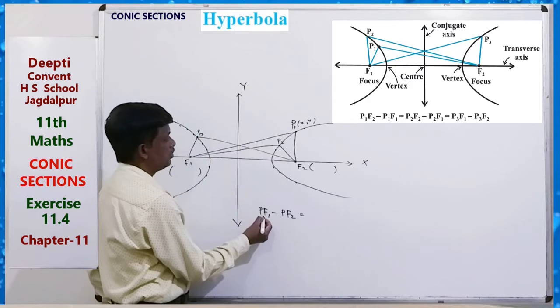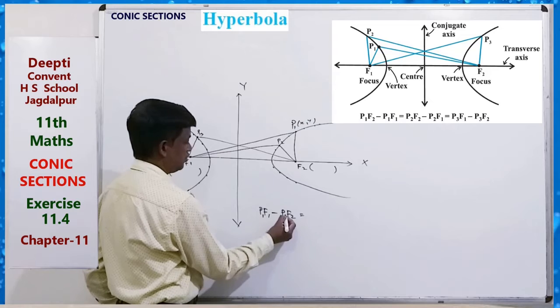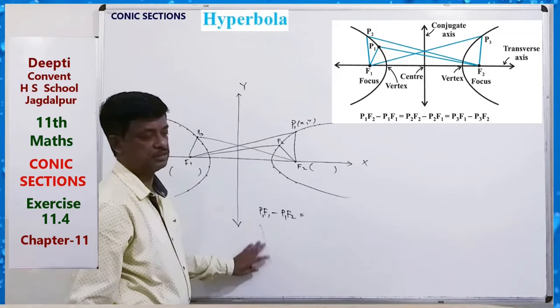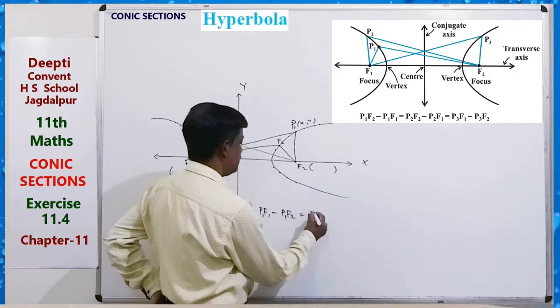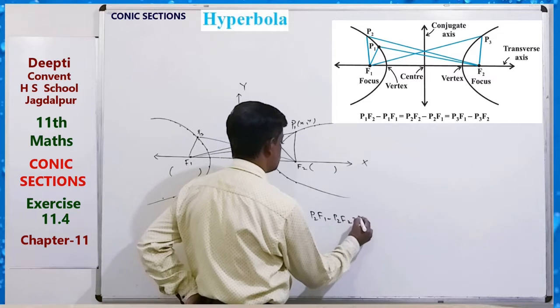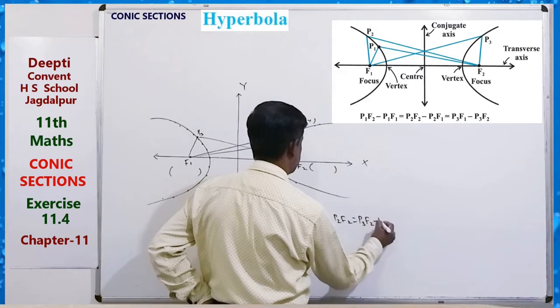So P1F1 minus P1F2, P2F1 minus P2F2, P3F1 minus P3F2 are all the same distance, as you can see in the diagram.